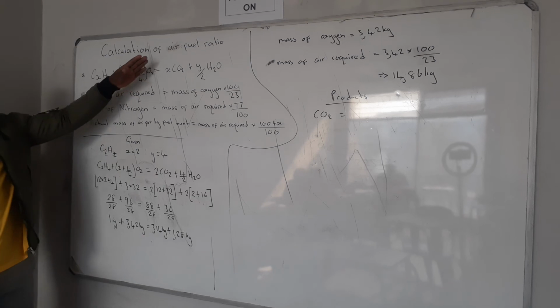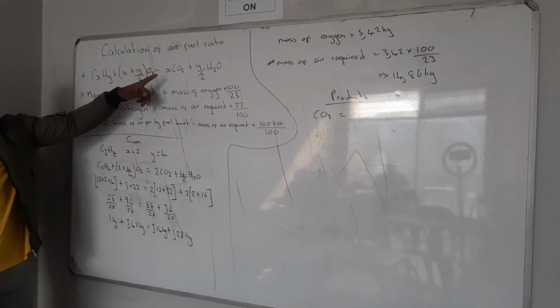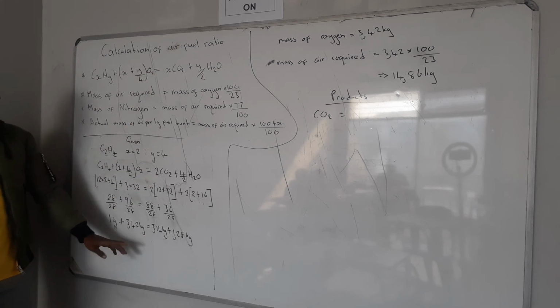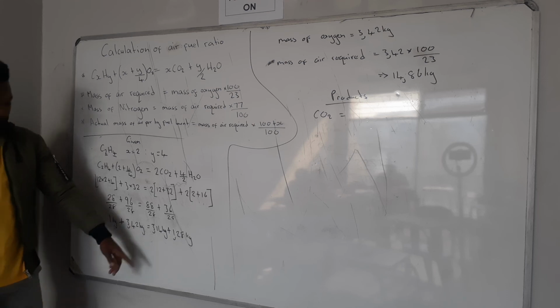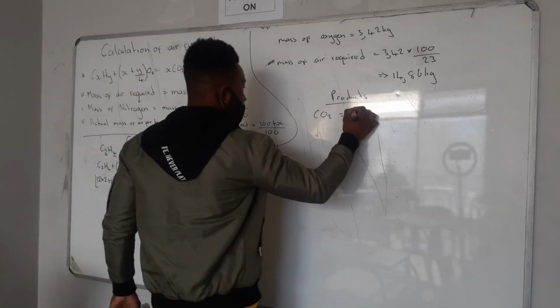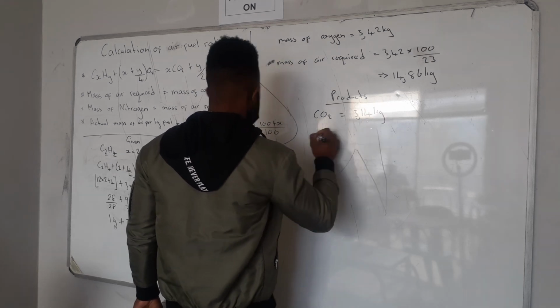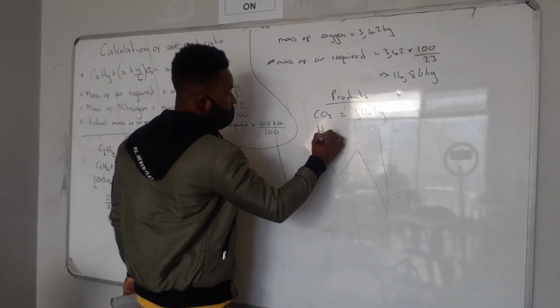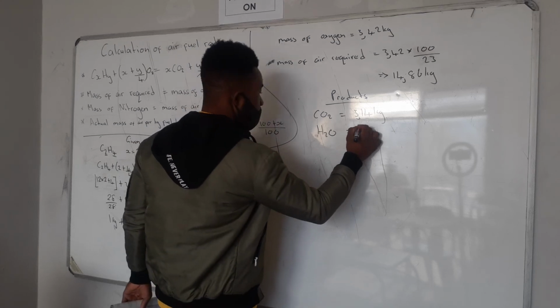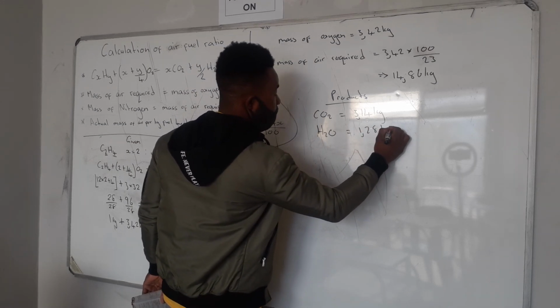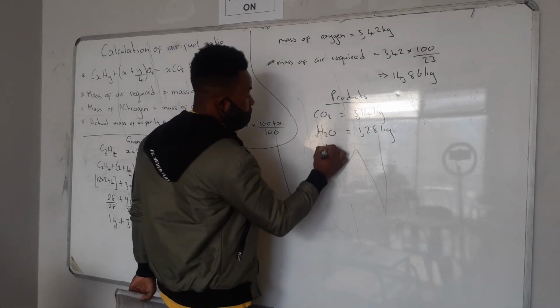You go to your equation and find the mass of the carbon dioxide, which is this one, 3,14 kgs, and then I also have the one for water, H2O, which is 1,28 kgs, eh?